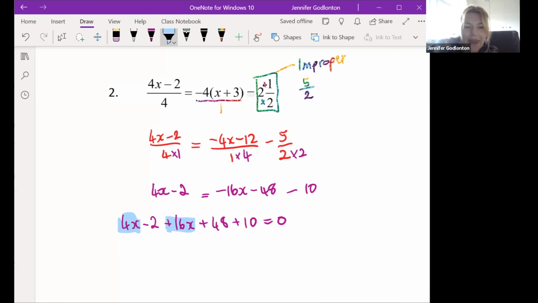So you would add all the like terms: 4x plus 16x gives me 20x. Minus 2 plus 48 is 46, plus the 10 is 56. Is equal to 0.